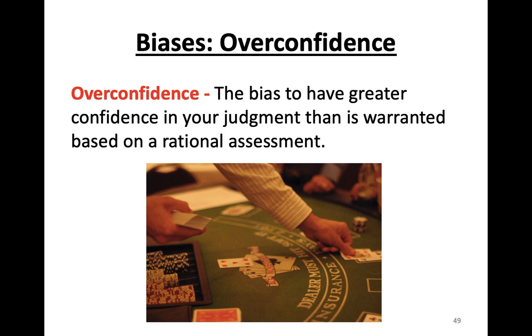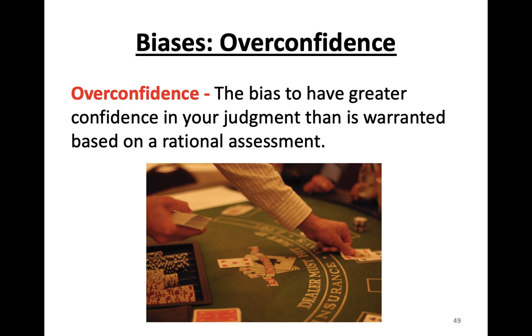All right. So, a final bias that I'm going to review is the overconfidence bias. Okay, so this is the bias to have a greater confidence in your judgment than is warranted based on a rational assessment.